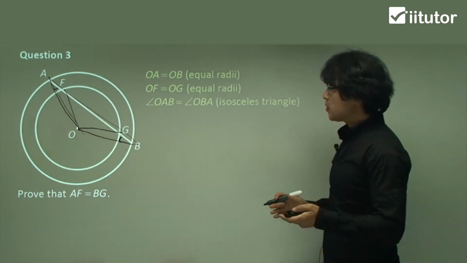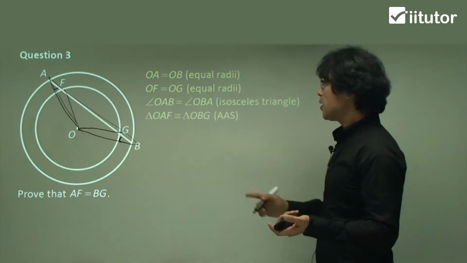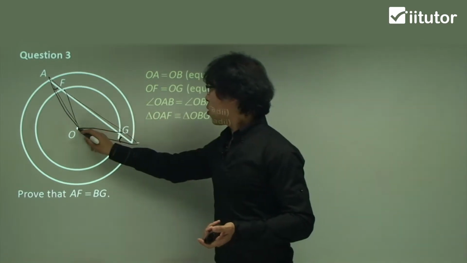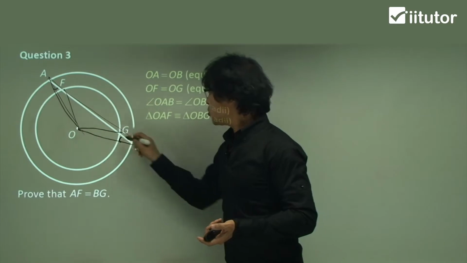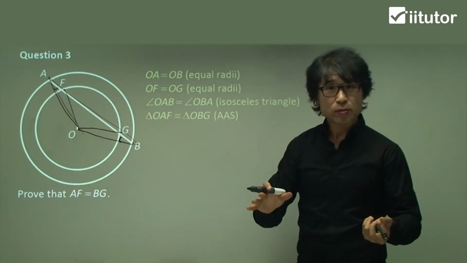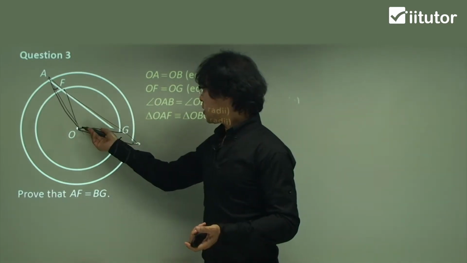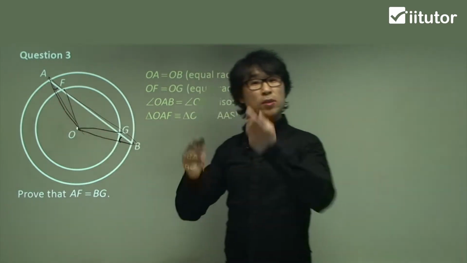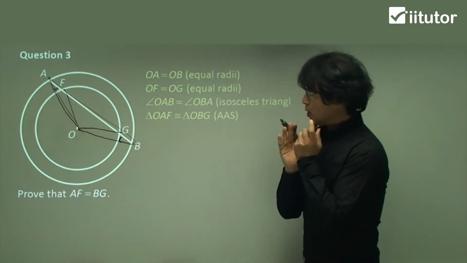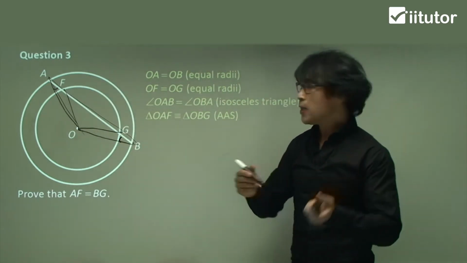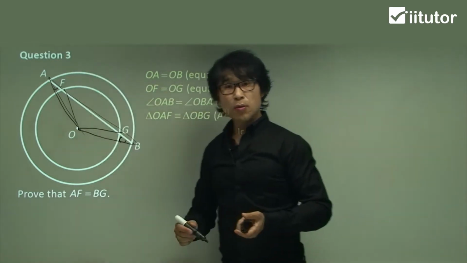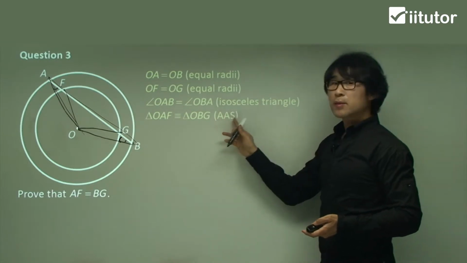Make sense? So what do you want to say? So you can say triangle OAF and OBG are congruent because the longer sides are same in length in pair, and the shorter side also same in pair, and then one of the angles are equal. So therefore, angle side.